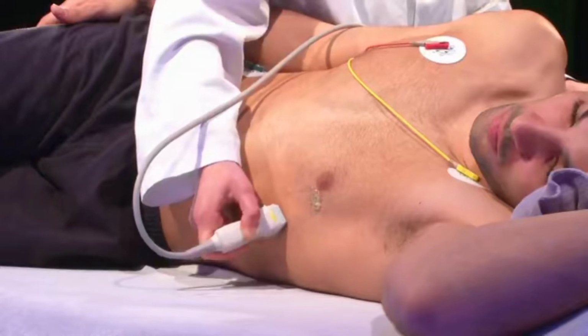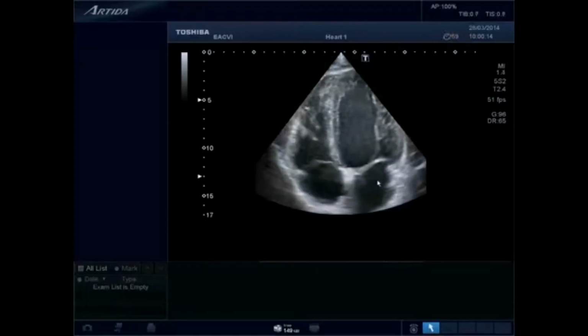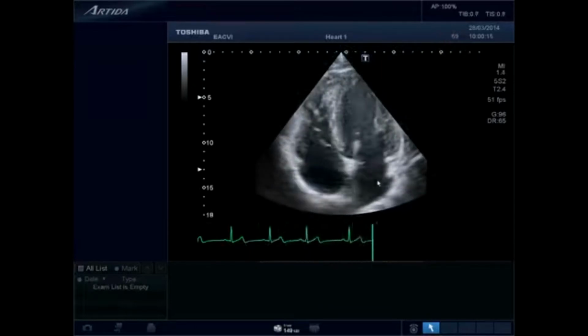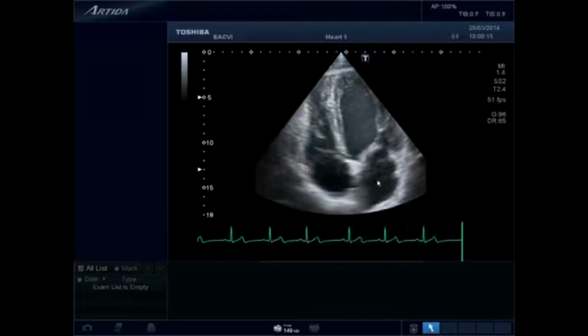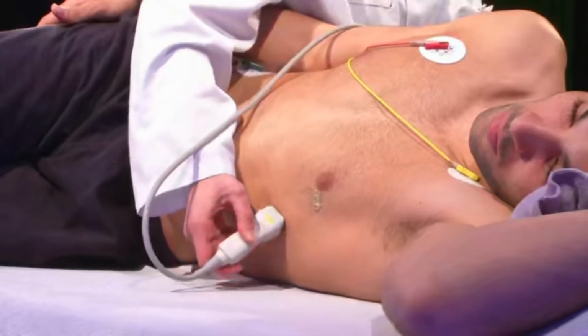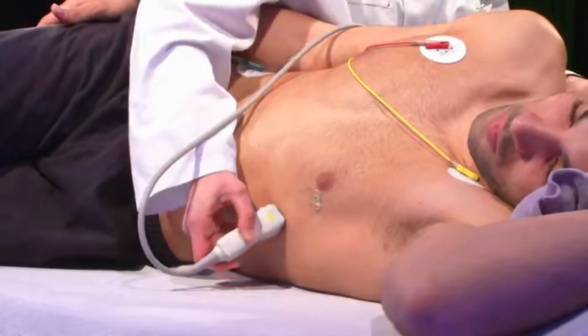So now I will increase again the depth, and I will try to focus my view on the right ventricle. And I will try, in order to do that, to be a little bit more external with my transducer.